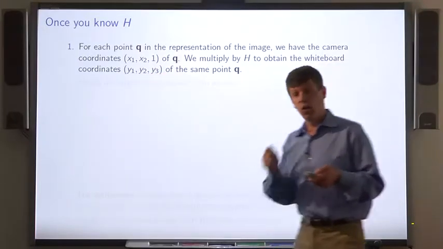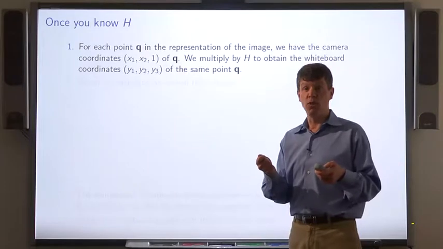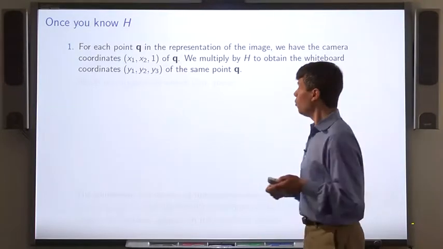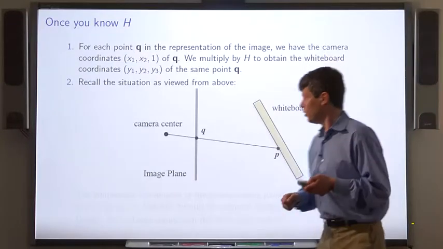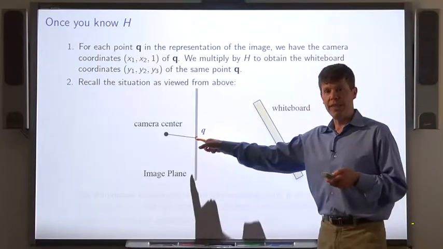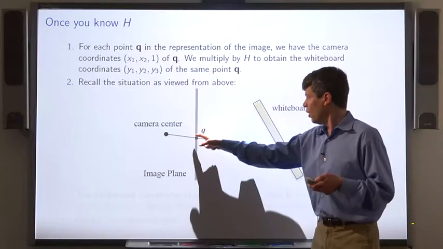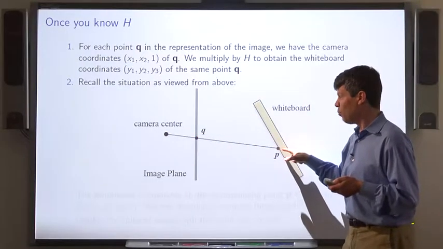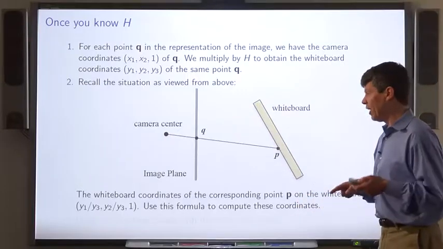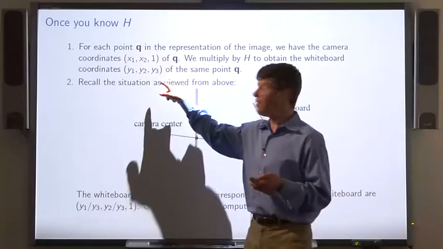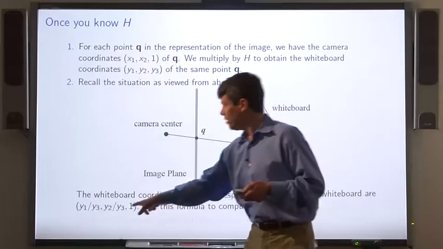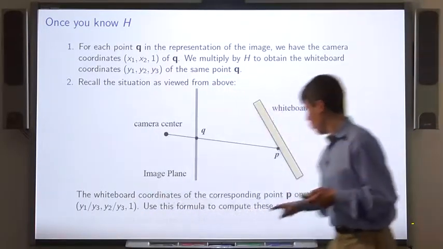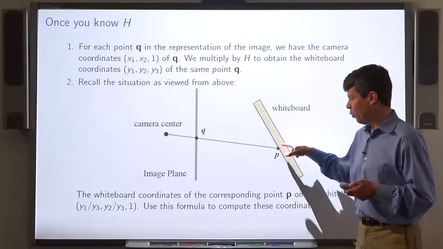Now, given the representation with respect to the whiteboard coordinates, it's easy to find the corresponding point on the whiteboard. So here's a point in the image plane. We want to map it to this corresponding point in the whiteboard. And we know that the way to do that is to just scale down, divide these coordinates by the third coordinate, and that gives us the point in the whiteboard.